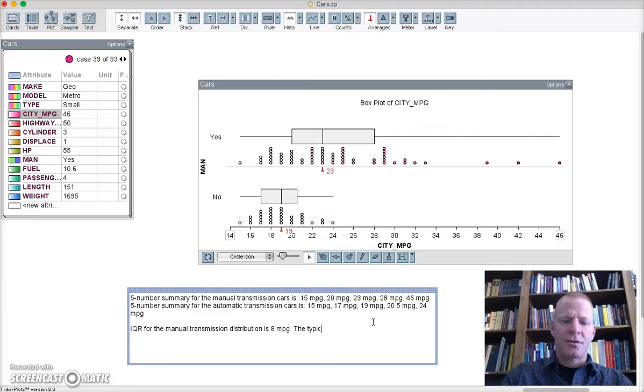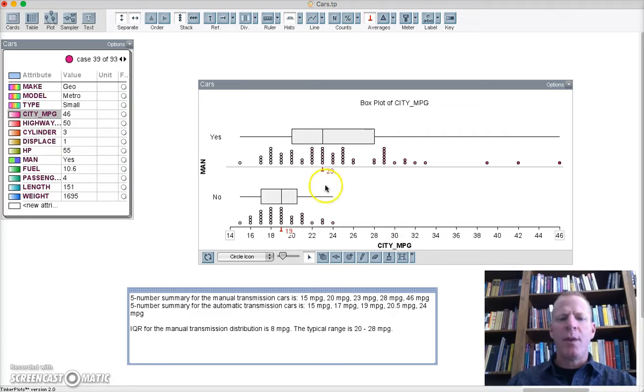The typical range using this box plot is 20 to 28 mpg. So with box plots, we of course could do the same for the automatic transmission, but I think you get the idea. So box plots are a very convenient way to be doing this, and it then enables us to compare. One other observation, or maybe two other observations we might say.